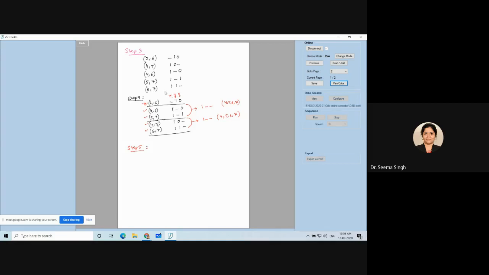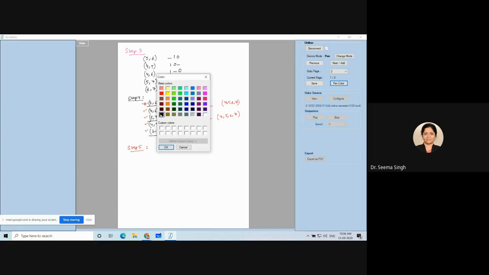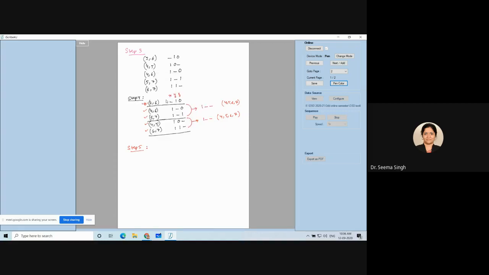X is dash means it will not be written. And then what will be written? It is Y and Z bar. So step 5 will give me Y Z bar. Why Y Z bar? Because first variable was a dash. Dash will not be written because it is dropped. So this is Y Z bar.